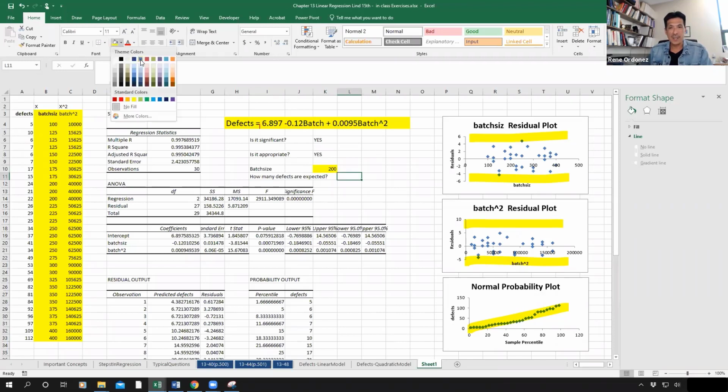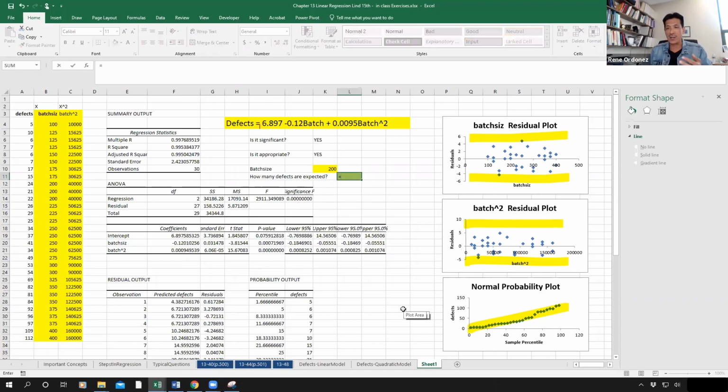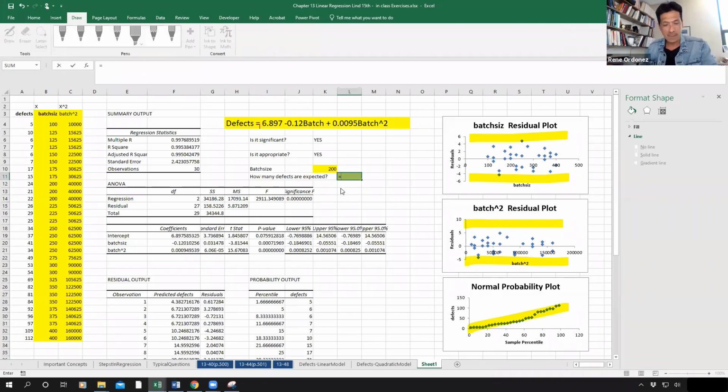So let's compute this number here. To compute the expected number of defects using the quadratic model, we apply this model and into batch you simply substitute 200.